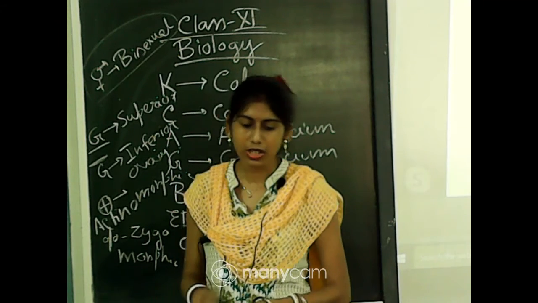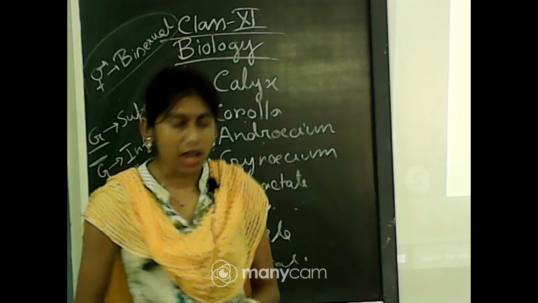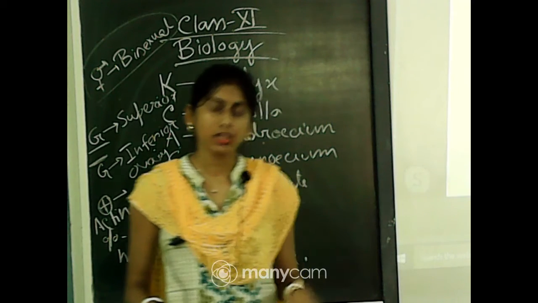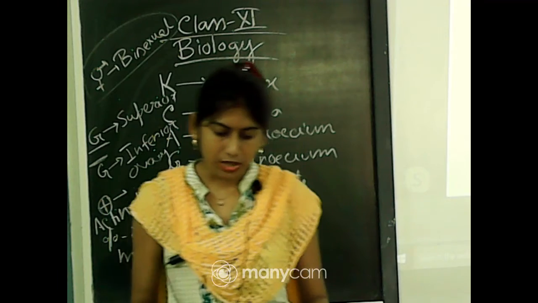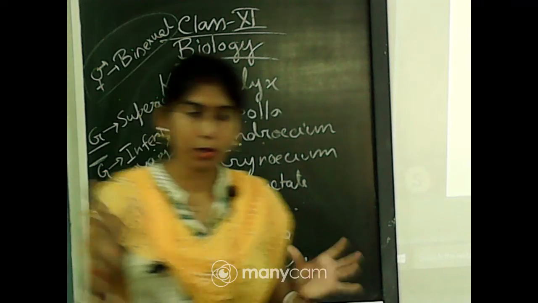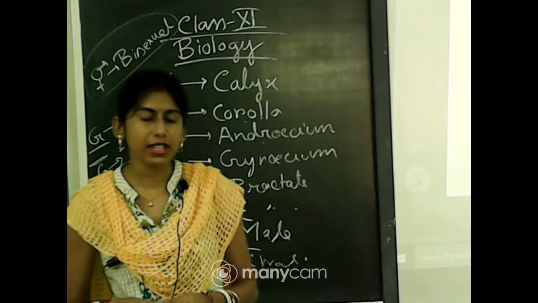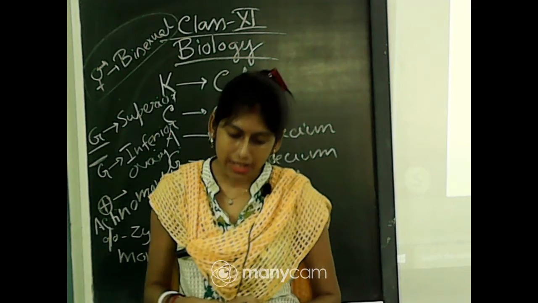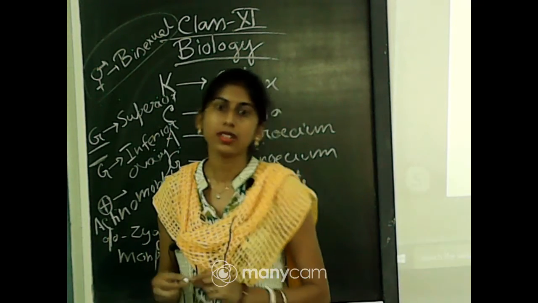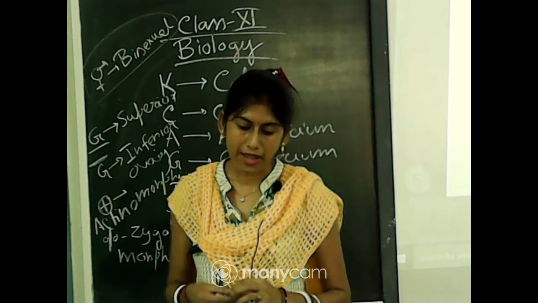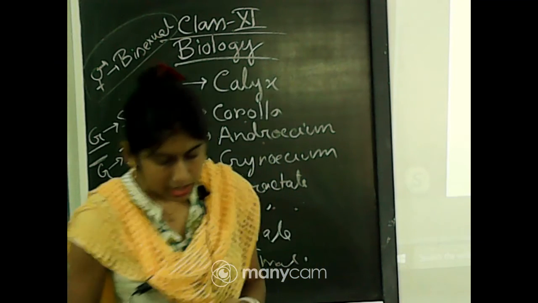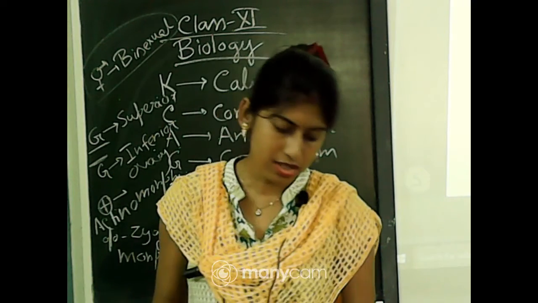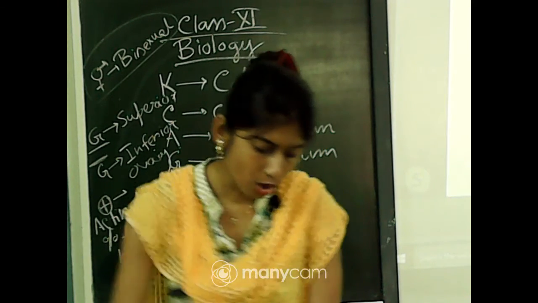Usually they will be herbs, and if they become a tree, then the tree will be small. Next, the stem of these herbaceous plants is rarely woody, aerial, erect, cylindrical, branched, solid or hollow.